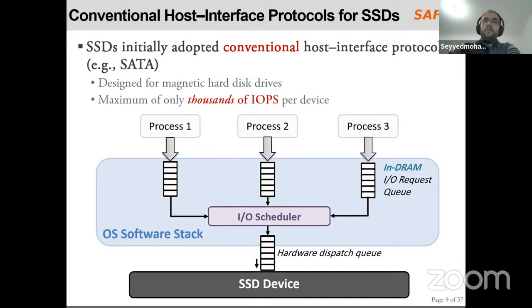The problem of this protocol is limited throughput. Only a maximum of around 1,000 IOPS per device is achievable. This protocol was good enough for HDDs, but since SSDs can have much higher throughput, SATA can be one of the main bottlenecks.